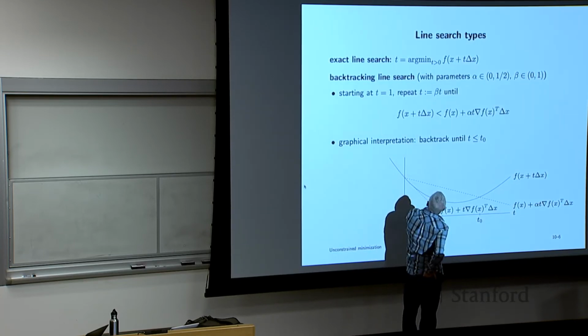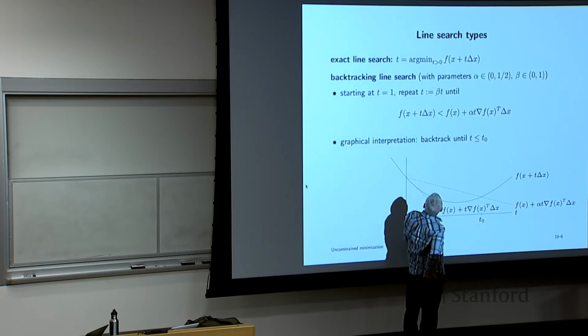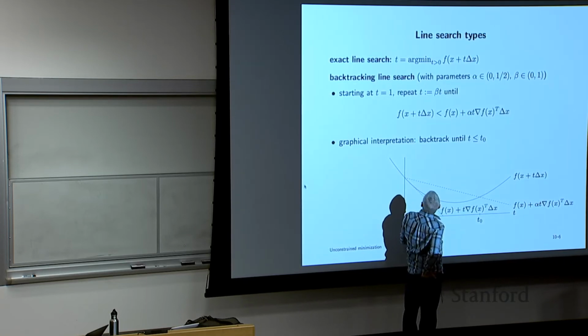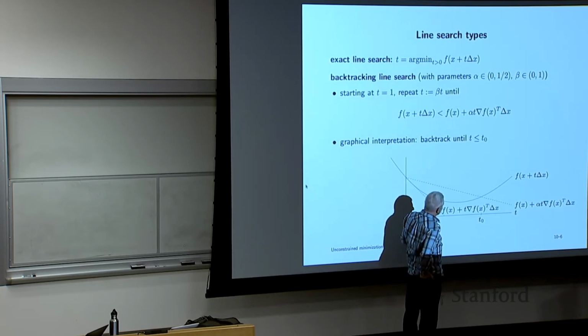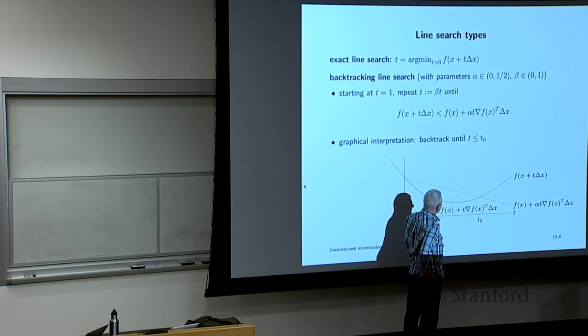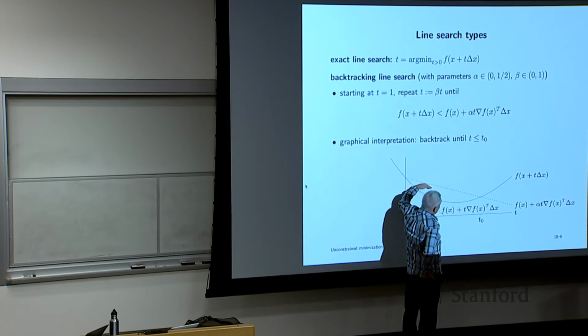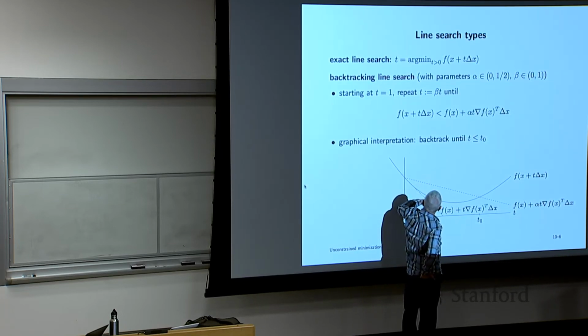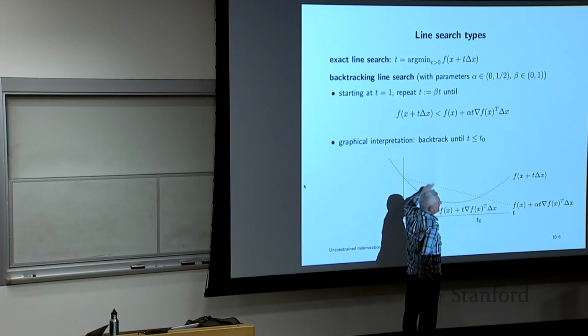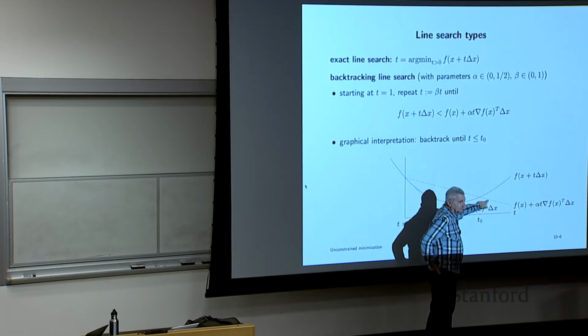So we put an alpha in there, a number less than 1, actually less than a half for weird reasons. It's not going to matter what it is too much. Then we degrade the slope by multiplying by alpha. So here alpha is maybe a third. I just made it up. And that would be this line.